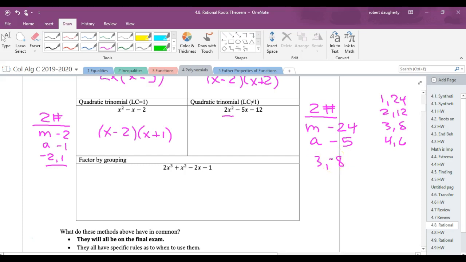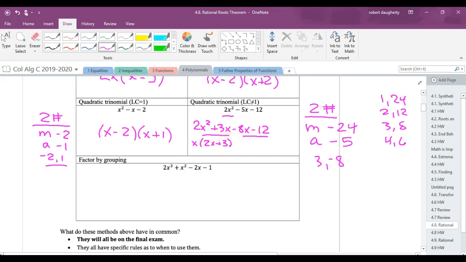I have to put them back and then factor it by what? Grouping. So I have to rewrite this as 2x squared plus 3x minus 8x minus 12. To factor by grouping, what do the first two terms have in common? X. So this is x times what? 2x plus 3.